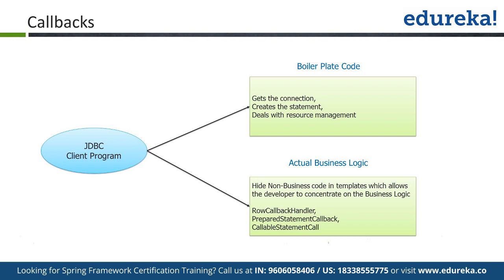And without worrying about those things, we just need to write the actual business logic, which means querying the database directly, in the case of normal queries, select, updates and inserts. With the help of prepared statement callback, callback handlers, callable statement callback and many other things, we can simply write actual business logic and hide non-business code in templates, which allows the developer to concentrate on the business logic only. So this is how the Spring JDBC API helps us in developing a DAO layer for our application.